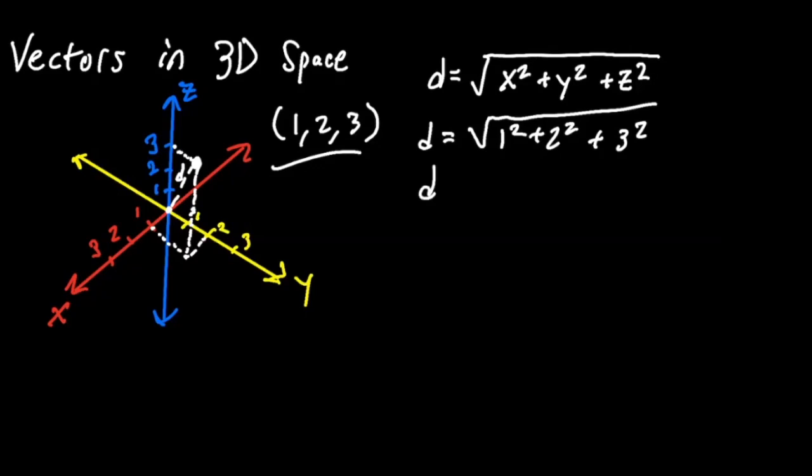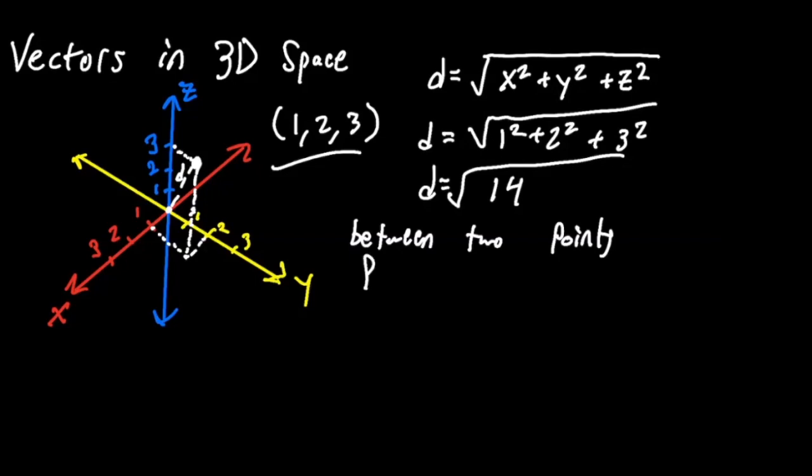So our distance to the origin of this point is going to be the square root of 14. That is our distance. If we're looking for the distance between 2 points, let's call them P1 with coordinates x1, y1, z1, and P2 with coordinates x2, y2, z2.